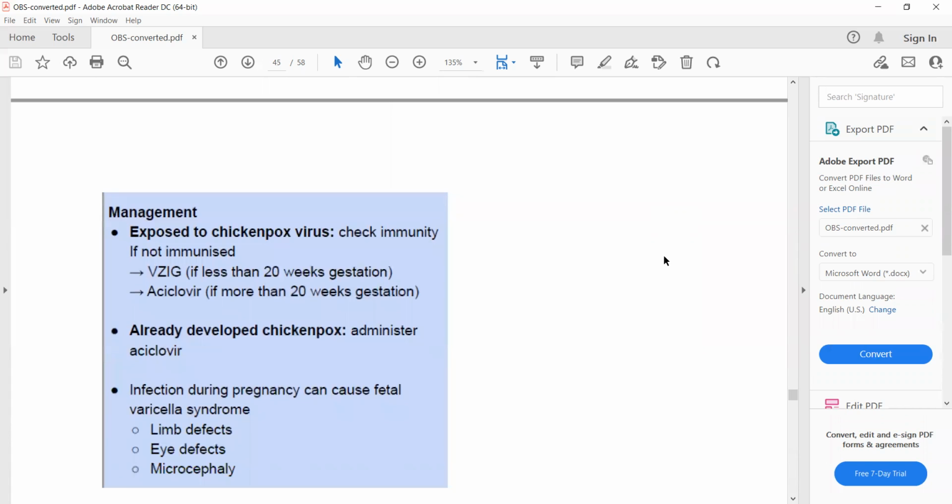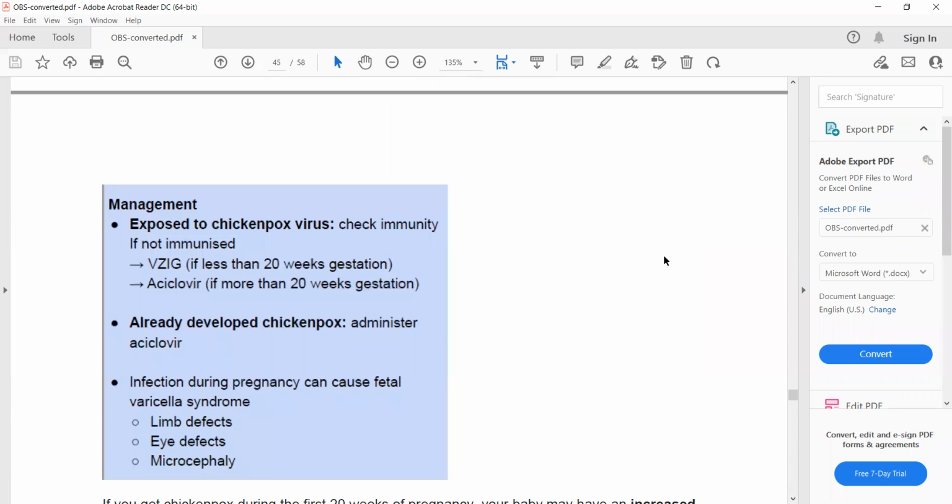Now, chickenpox in pregnancy, how are we going to manage chickenpox in pregnancy? The management is very simple. We have two scenarios. One is that a pregnant lady is exposed to chickenpox, and the other scenario is that a pregnant lady developed chickenpox.